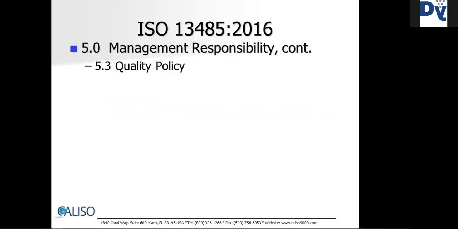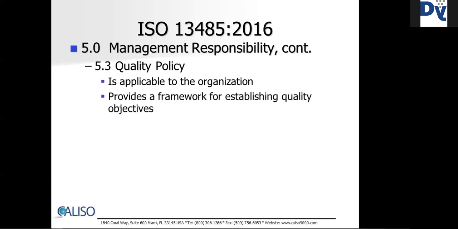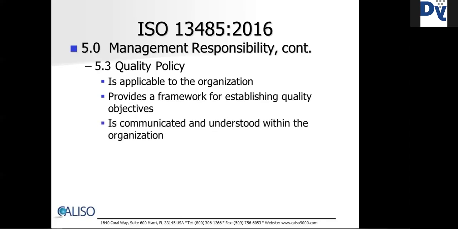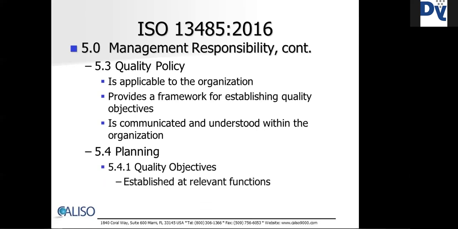A quality policy must be established. It must be applicable to the organization. It must provide a framework for establishing quality objectives. And it needs to be communicated and understood within the organization. Planning covers quality objectives. Quality objectives must be established at relevant functions, and they must be measurable and consistent with the quality policy.